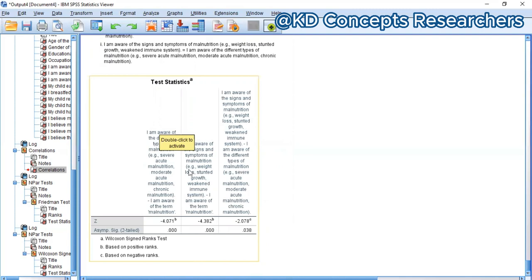So basically, this is how to conduct inferential statistics on questionnaire data. Depending on your questionnaire, there are some where you have to do a regression analysis. There are some where you have to do, of course, the ANOVA analysis.